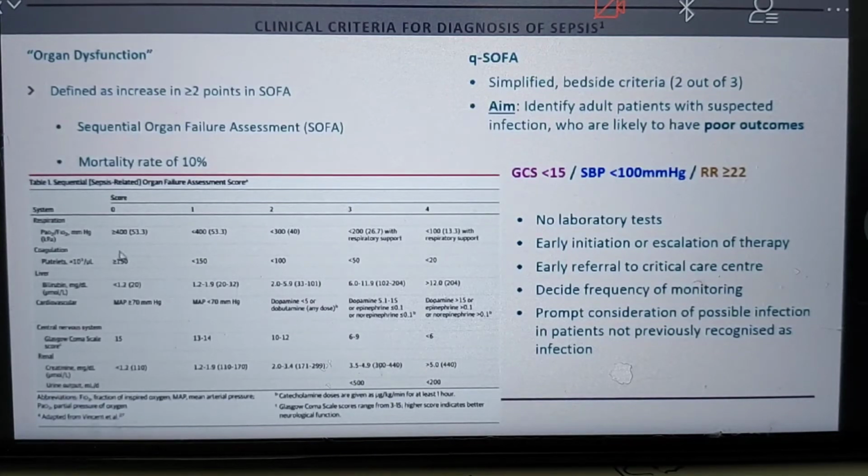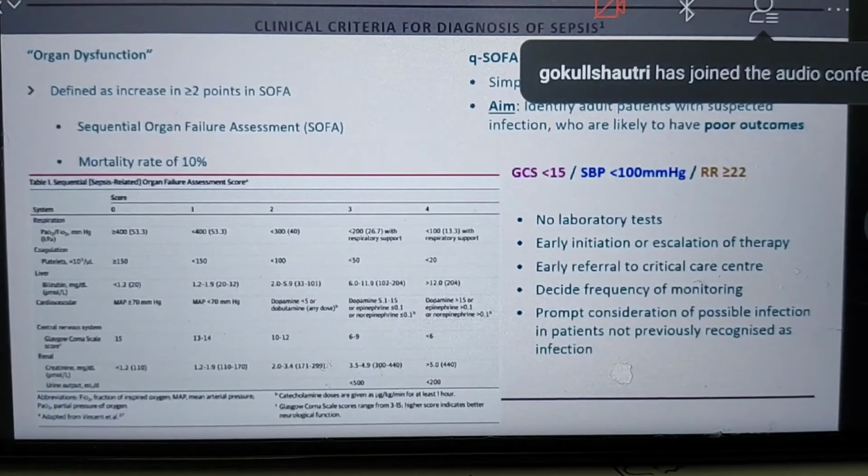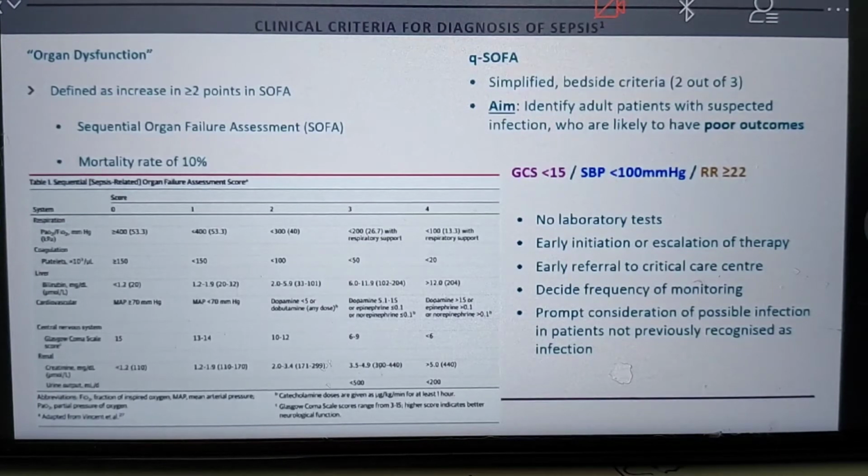Next one is coagulation, where we take the platelet. For score 0, the platelet is normal, 150 or more. If 1, it is less than 150, 2 less than 100, 3 less than 50, and 4 is when platelet is less than 20. The next one, we look at the liver.